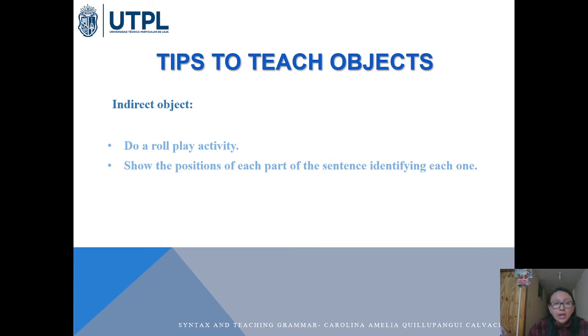Also, we can show the position of each part of the sentence, identifying each one. You write a sentence, you write subject, you write the verb, you write the complement, etc. And with this, the students can see where the indirect object is and identify it easily.